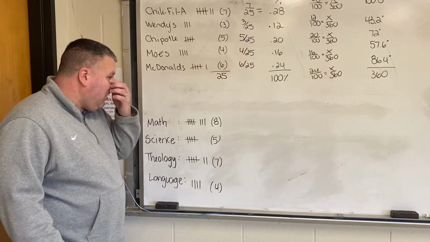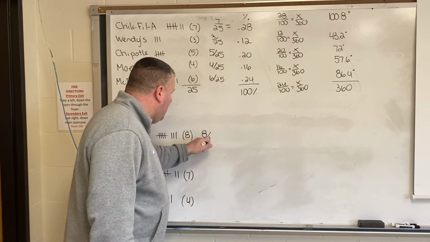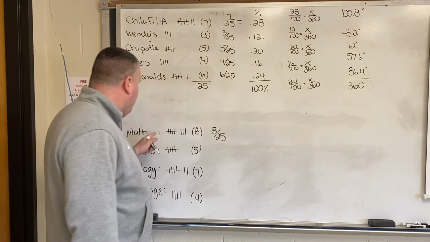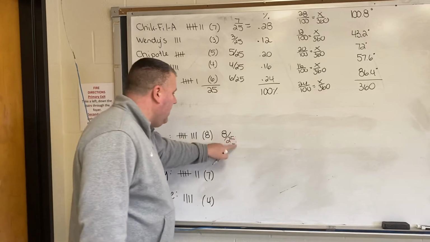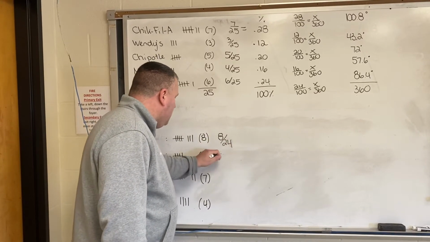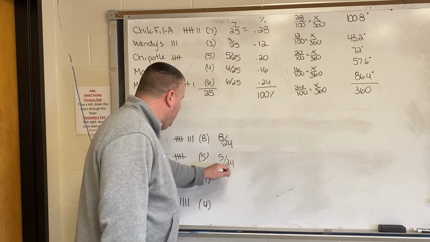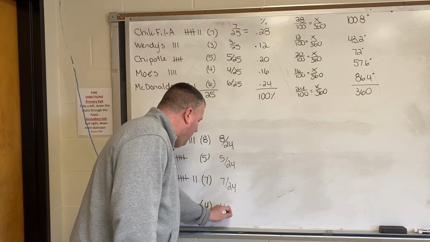Now we have to calculate the percent. I'm going to do 8 over 25. That's 24, not 25, my apologies. So it's 8 over 24, this is 5 over 24, this is 7 over 24, and this is 4 over 24.